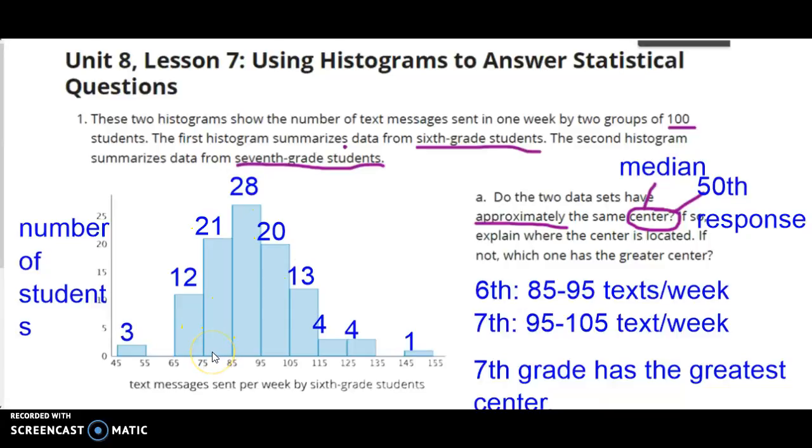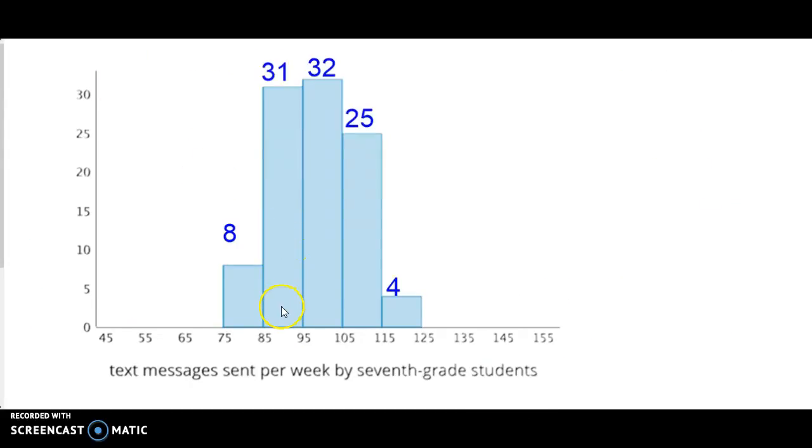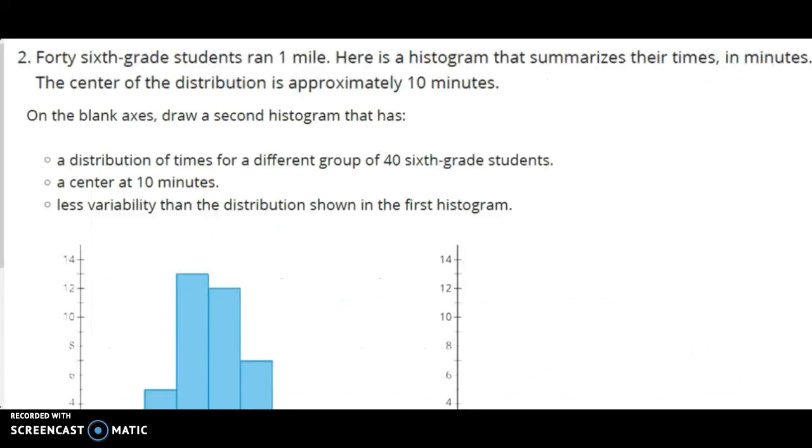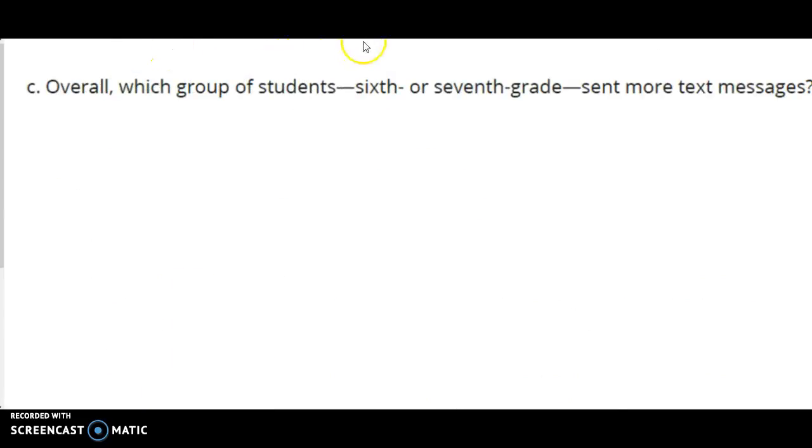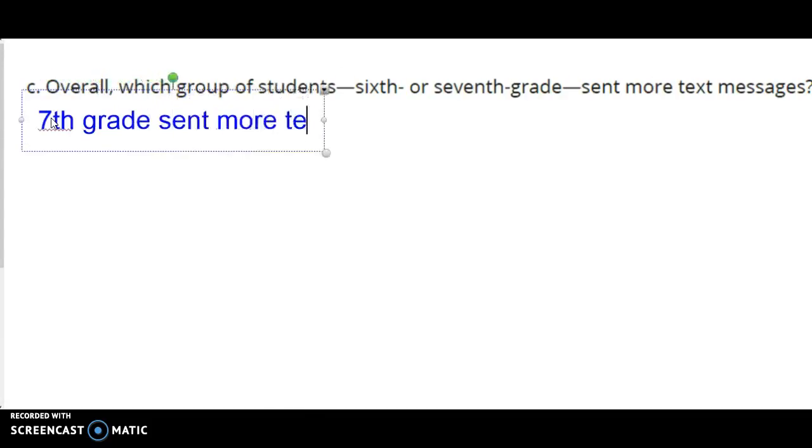We'll say between 75 and 105 for 6th grade, whereas for 7th grade, I'm getting most of my responses between 85 and 115. Which of those is greater? The 7th grade one is greater. So when it says which group sent more text messages, 7th grade sent more text messages than 6th grade.